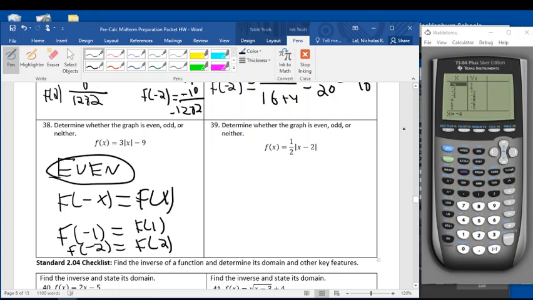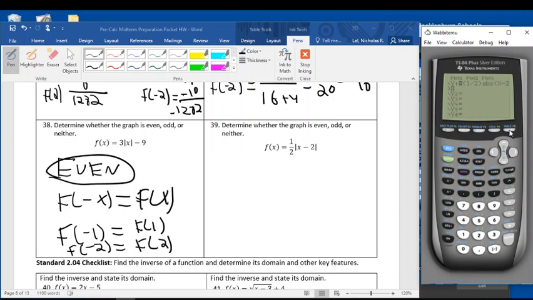39, even, odd, neither. Let's change our coefficient to 1/2 times the absolute value of x minus 2.